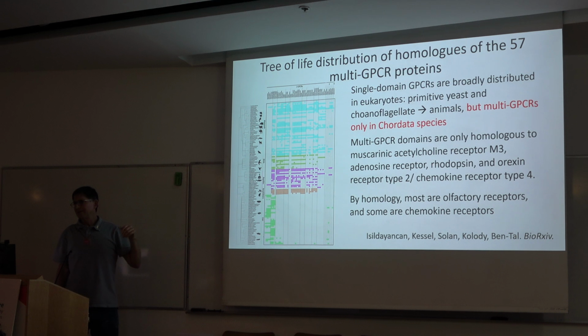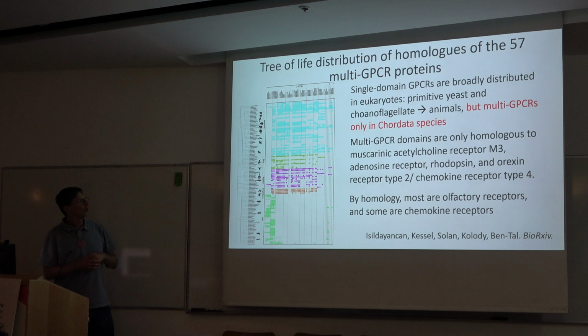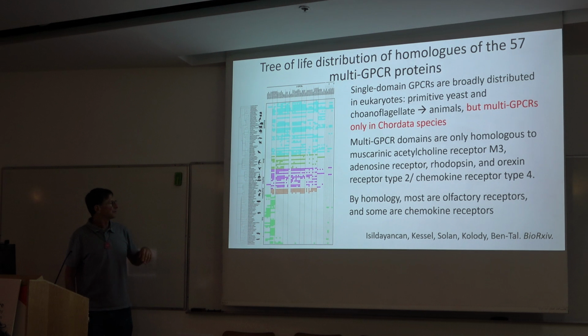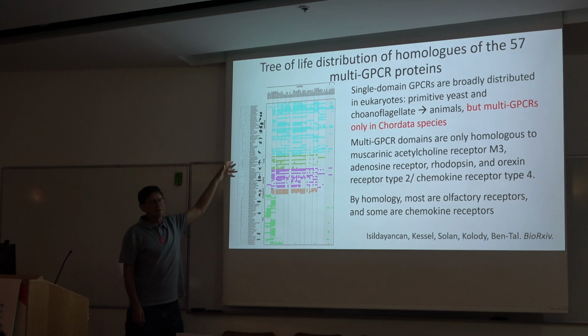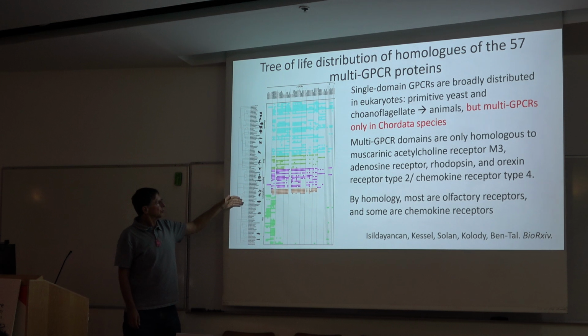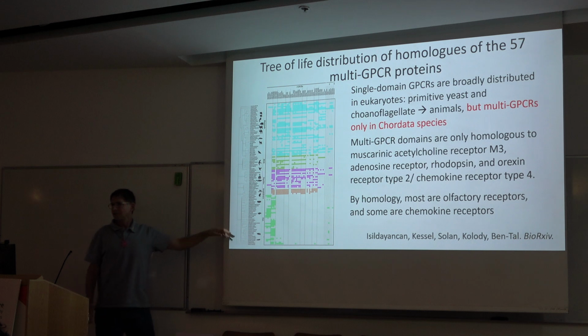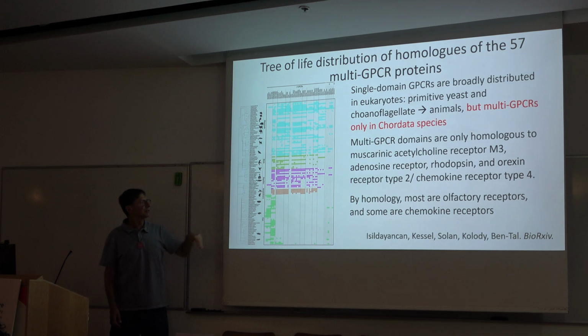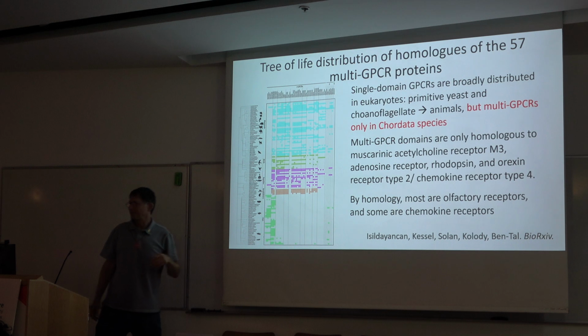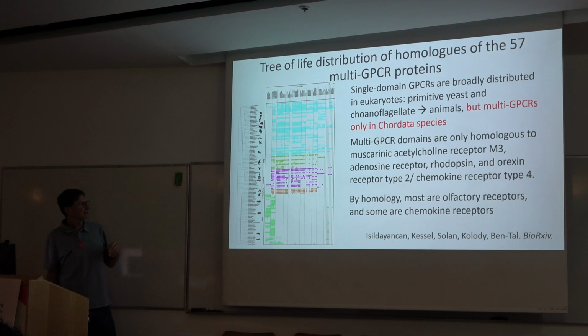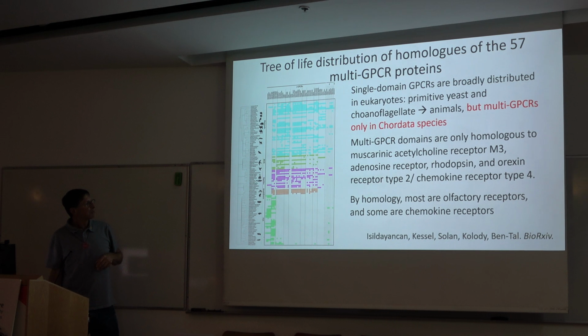But multi-GPCRs, at least where we detected them, are not as broadly distributed. They are only distributed in chordata species, from monkeys above down to reptiles and fish at the bottom here. You can see the images here. And these are the types of multi-GPCR that are there.